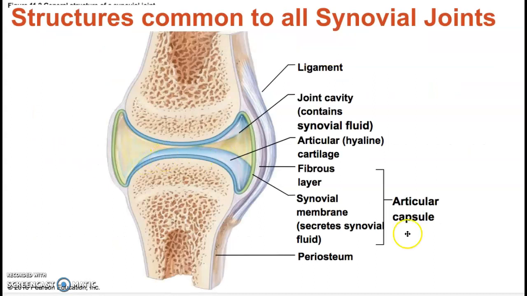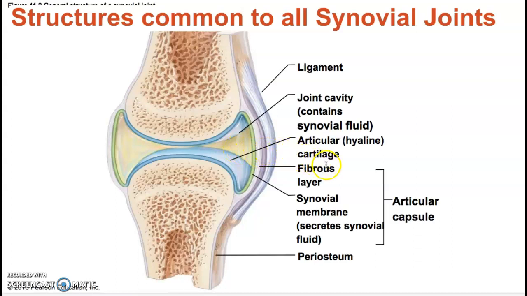Structures in common to all synovial joints include a ligament on either side. Ligaments are found on each side of a synovial joint to give it stability. The next layer that we see is the fibrous layer, and the fibrous layer is continuous with the periosteum. Inside the fibrous layer, we find the synovial membrane, and the synovial membrane secretes synovial fluid.